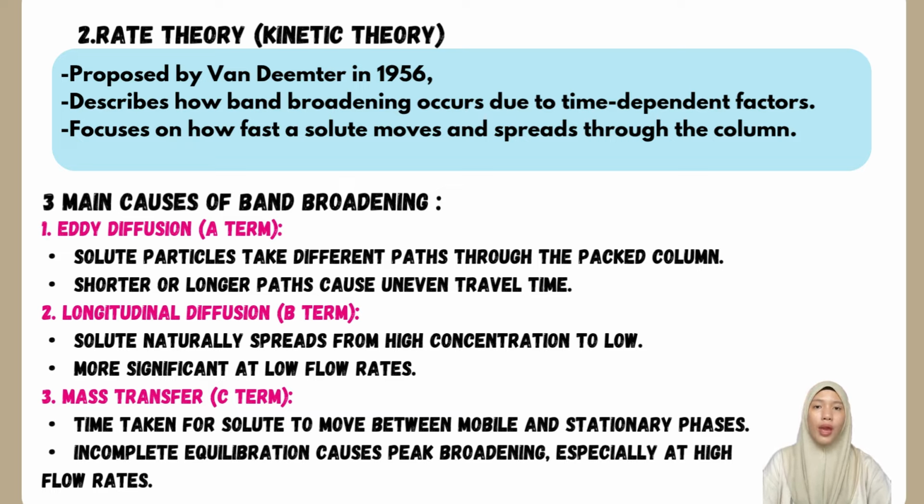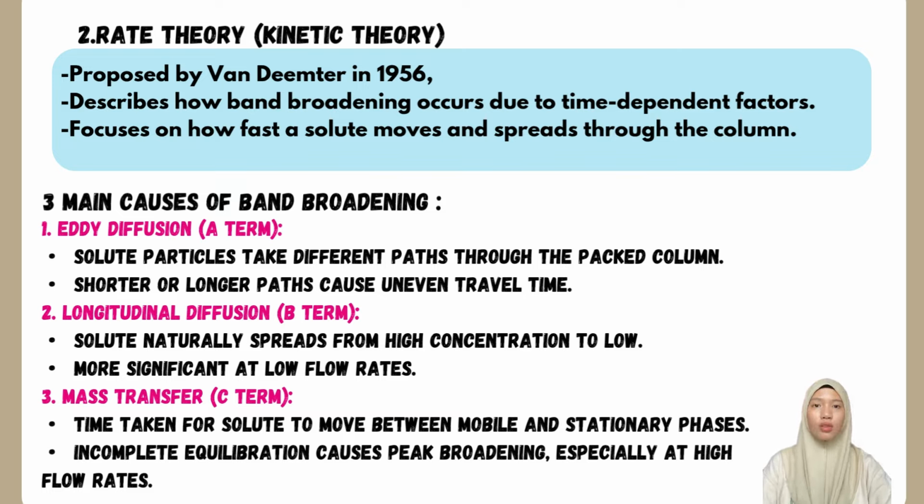First, we have eddy diffusion. It is also called the A term. This happens because solute particles take different paths through the packed particles in the column. Some paths are shorter while others are longer, which leads to uneven travel times and causes the band to spread.